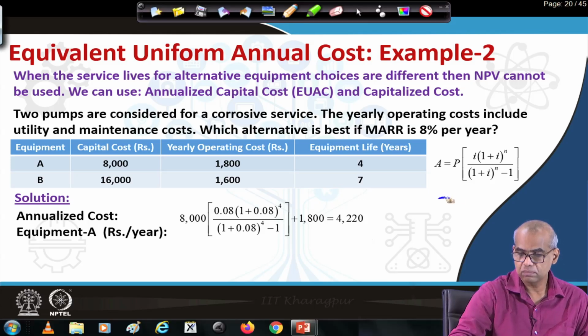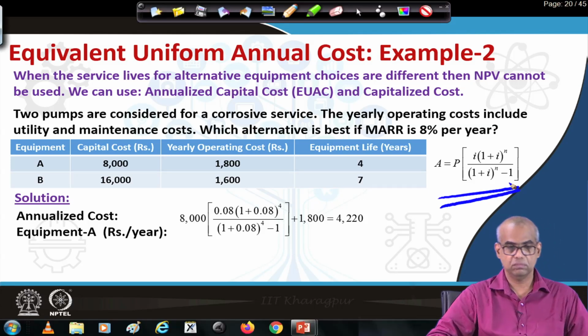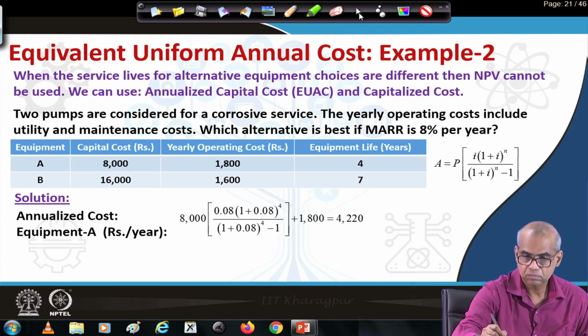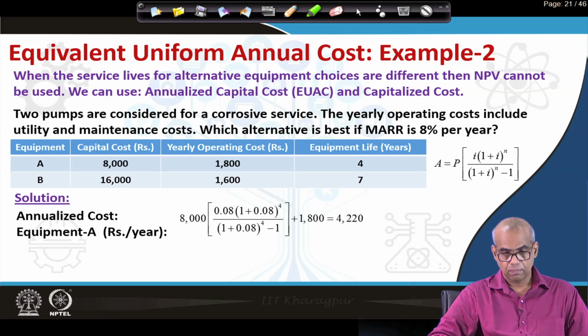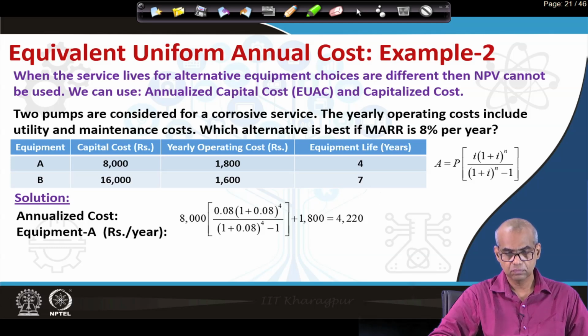You have the formula. So, P equal to 8,000 here, and interest rate i is 8%, so 0.08, and N equal to number of years, 4.